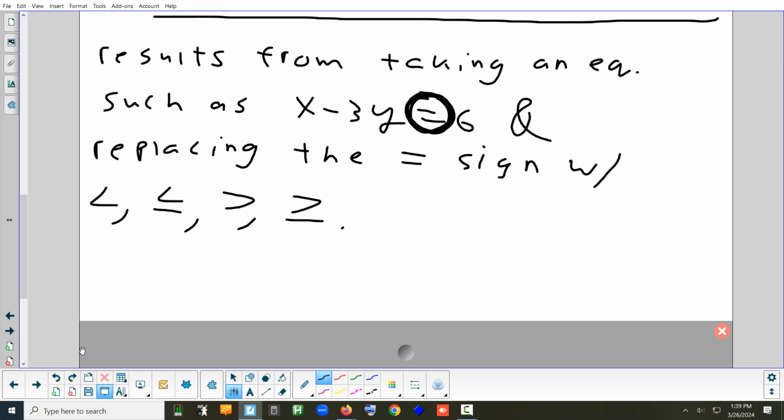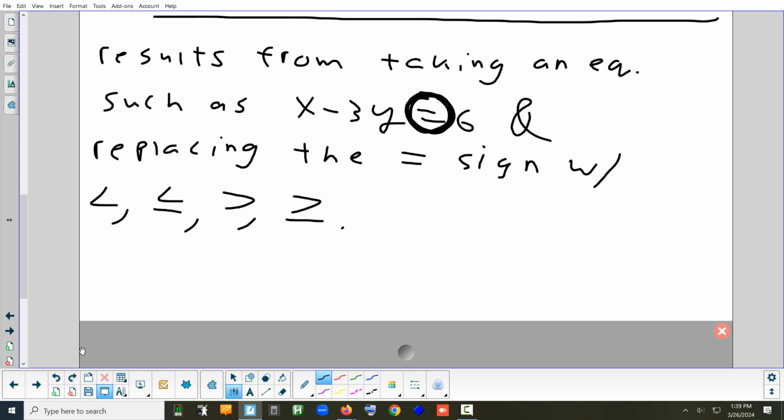Now, when we solved systems of equations, how many answers did we have to find? 2. They don't have to be these letters, but they usually were which 2 letters? X and Y. That's exactly the same thing we have to do here.